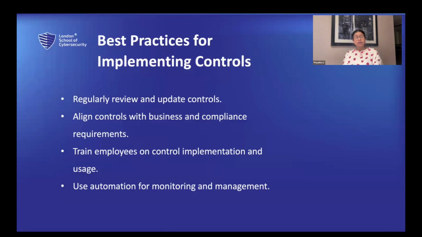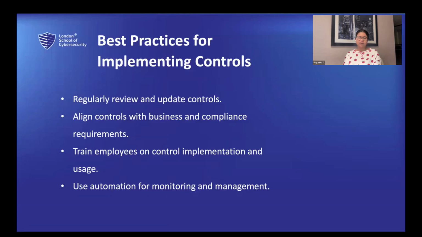The next thing is, whatever we do, all the controls need to have a purpose. We should not have a control just for the sake of controls, or just because a document said so, because a control may be applicable for a bank but may not be for a manufacturing plant, or vice versa, right? So you need to make sure that your controls are actually aligned to your business processes and your compliance requirements as well.